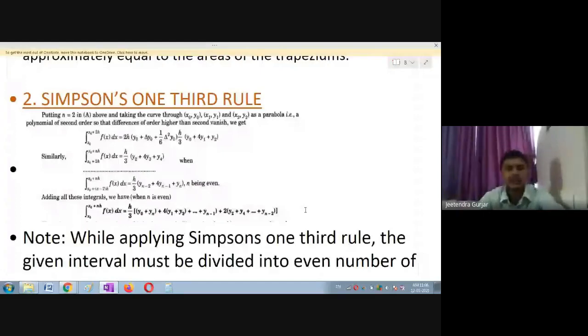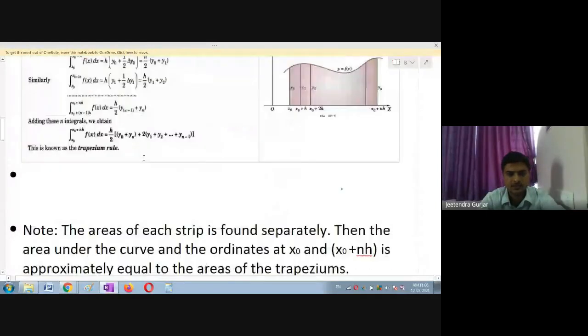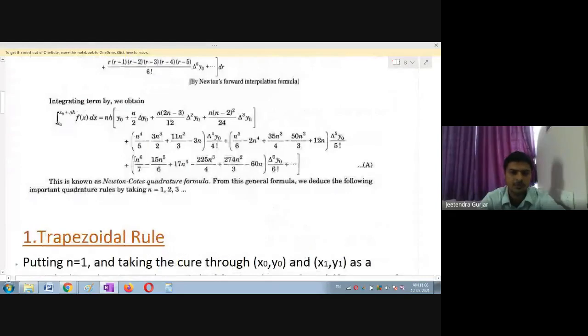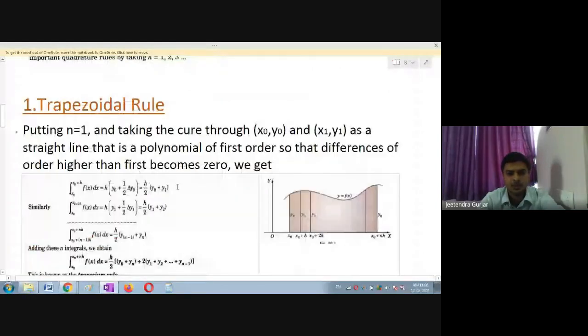Then I will get the corresponding values. For the first two strips, the integral from x naught to x naught plus 2h of f of x dx is equal to this value. I will put n is equal to 2 in equation A, that is Newton's Cotes quadrature formula, and substitute, and you can see I will get this first value.